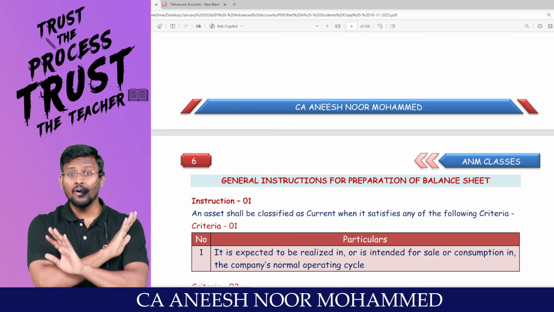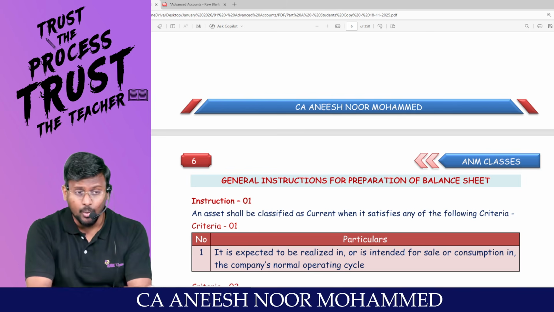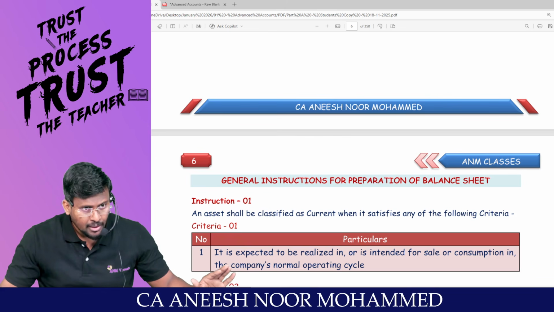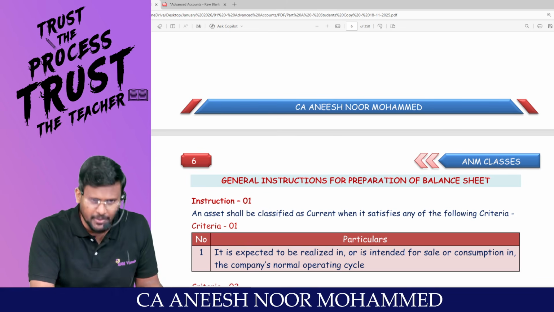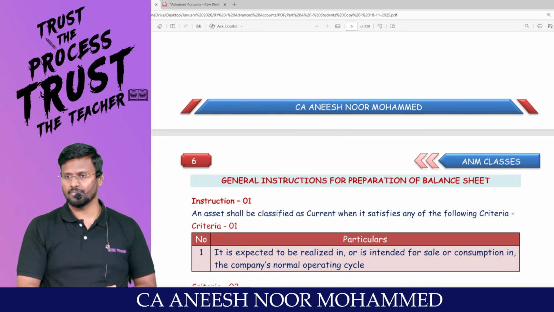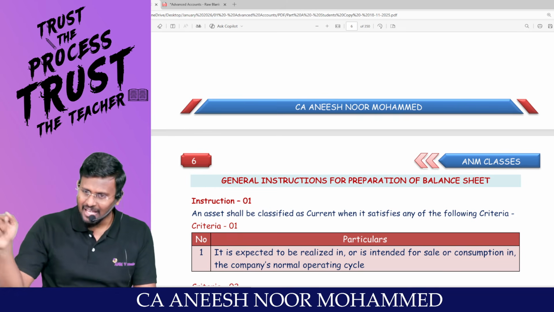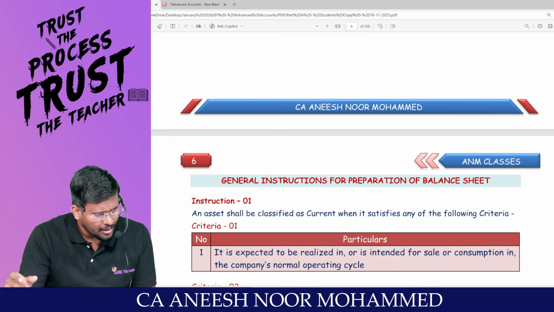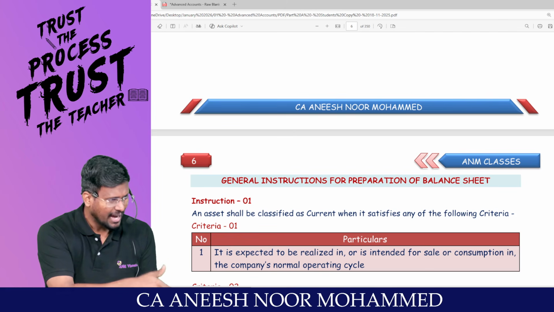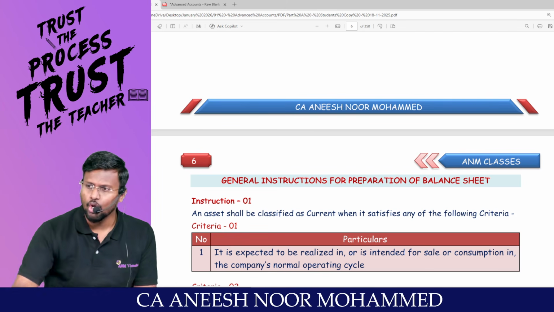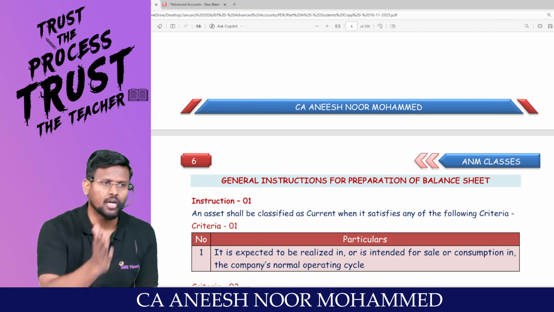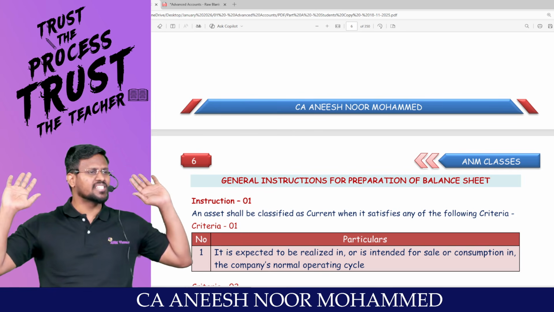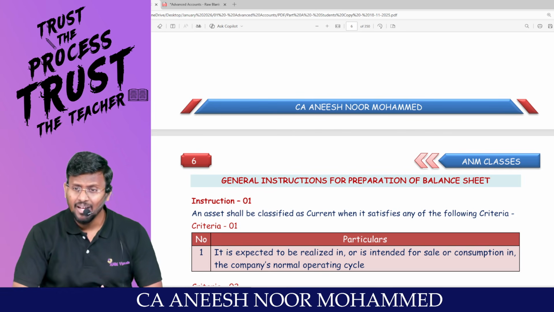Sir, deferred tax liability net will never be a current liability. Hence, we replace it with trade payables. Then other current liabilities, short-term provisions. That's it. Liability side comes to an end. Coming to the asset side.